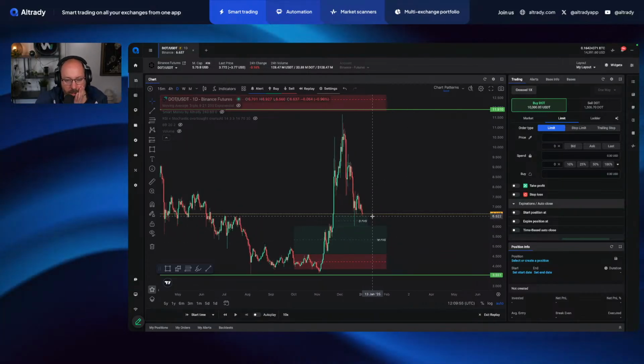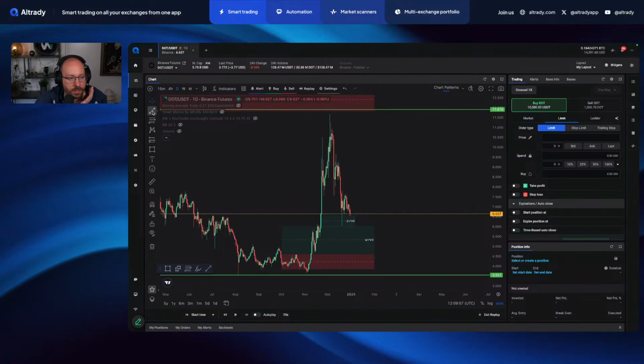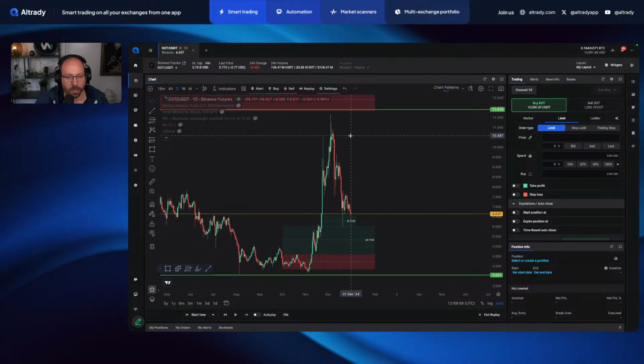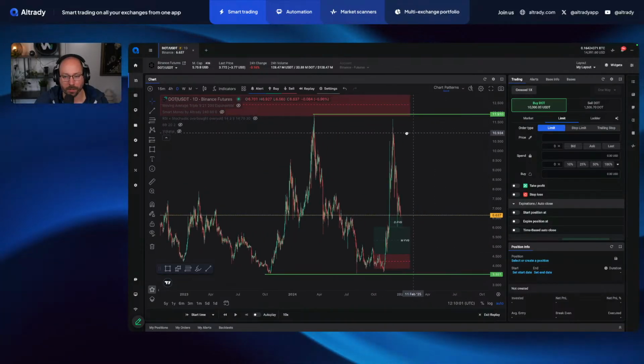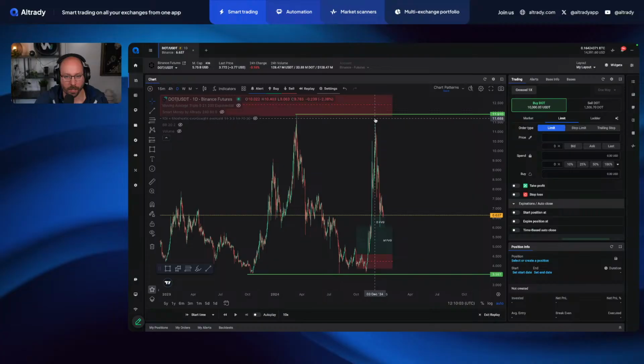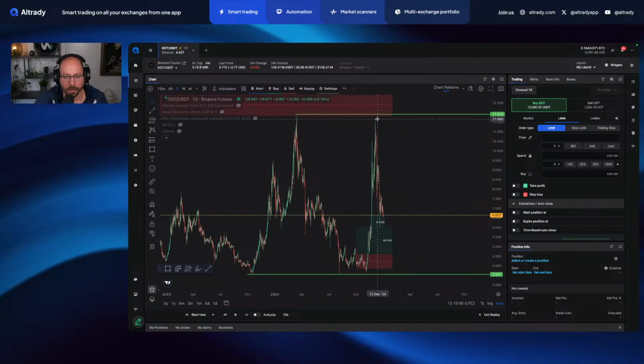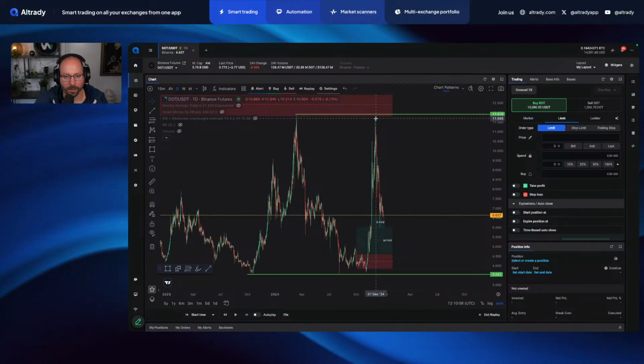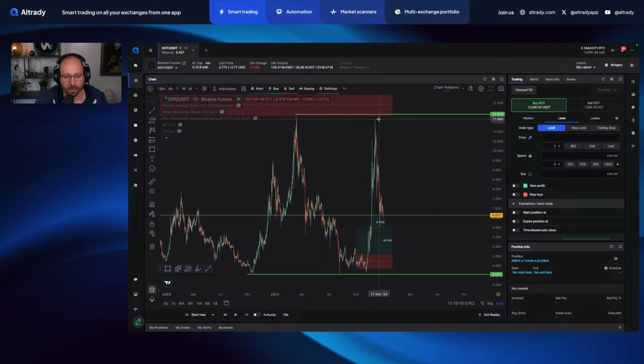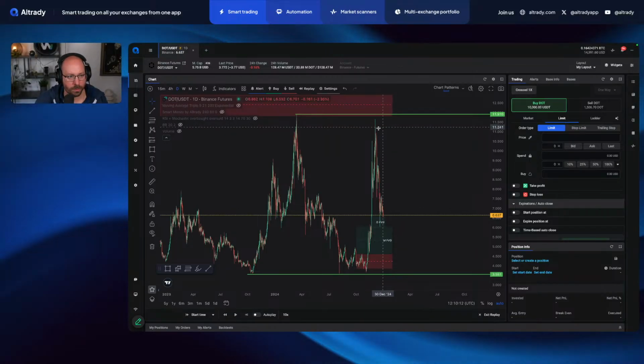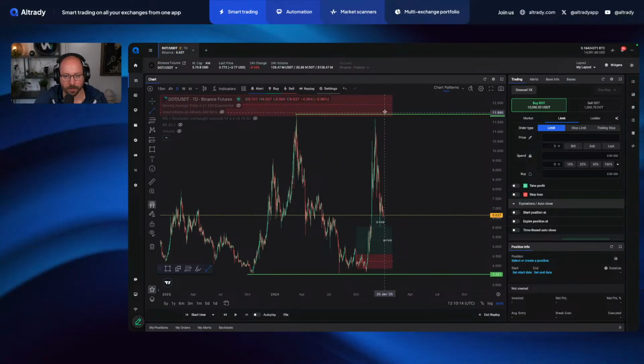Okay. I see some liquidity lines. Actually, that one. So there's new liquidity at the top right here. Why is my line not being drawn?